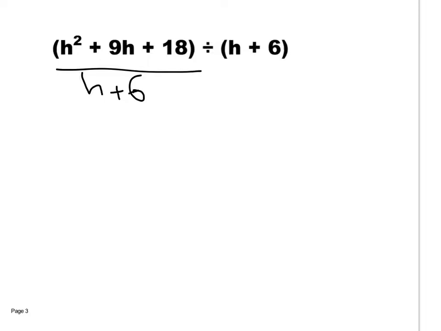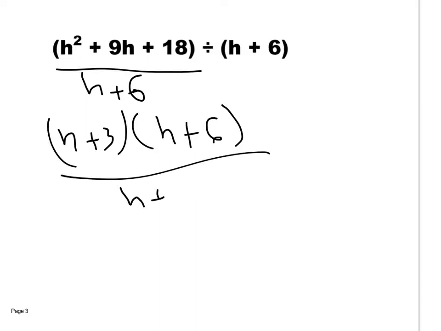Which I can. It splits into h plus 3 and h plus, you want to take a guess? 6. Because I'm dividing it by h plus 6. So my h plus 6 cancel, just like we did yesterday, and you're left with h plus 3.